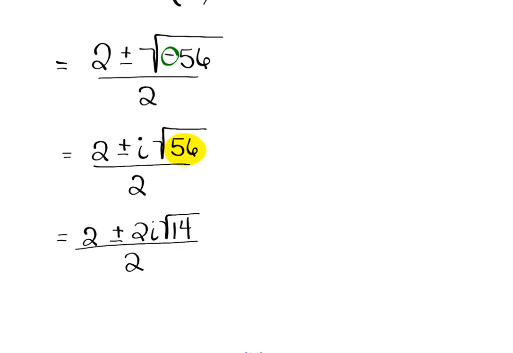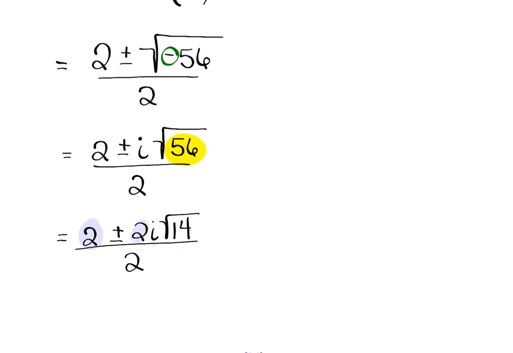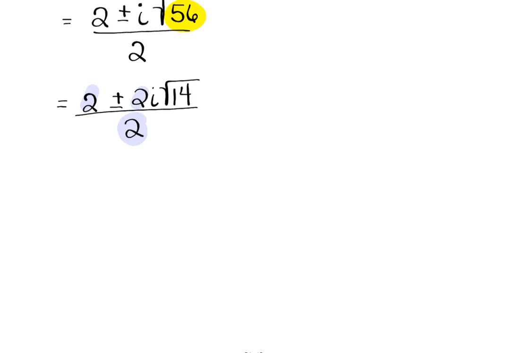Now, what do you all notice? I have 2's that are factors of each term of my formula. So I can factor a 2 out, and what I get is 1 plus or minus i square root of 14 over 1, which, lucky for us, if it's over 1, I can just take that out.